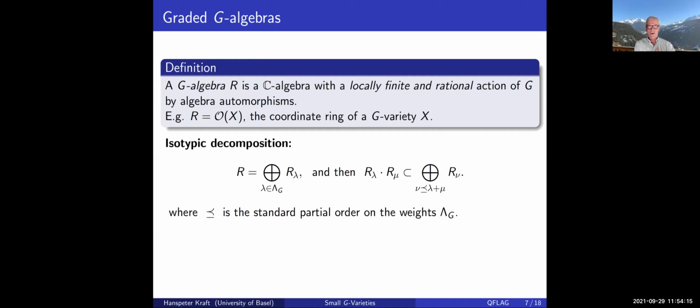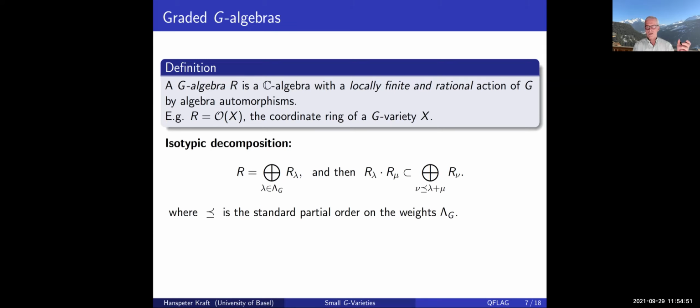And then it's a well-known fact from representation theory. If you take the isotypic component R lambda corresponding to the highest weight lambda and R mu corresponding to the highest weight mu, and you multiply them, then you end up in a direct sum of isotypic components, and those appearing are those smaller than or equal to lambda plus mu, where smaller is the standard partial ordering on the weights.